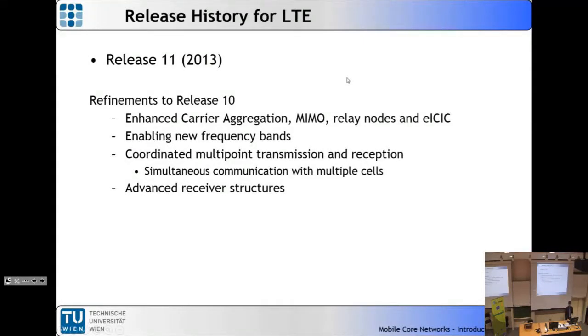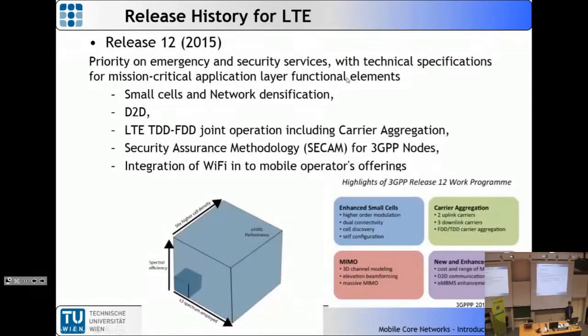Yeah, we had then release 11, which mainly was a refinement release, where we have more carrier aggregation, relay nodes, new frequency bands, and elements like these. What is maybe more interesting is release 12, because here we have the nice things like device-to-device communications. That is to some extent also used in car-to-car communications.